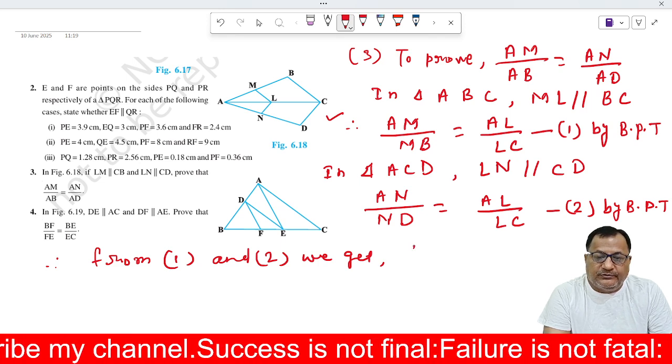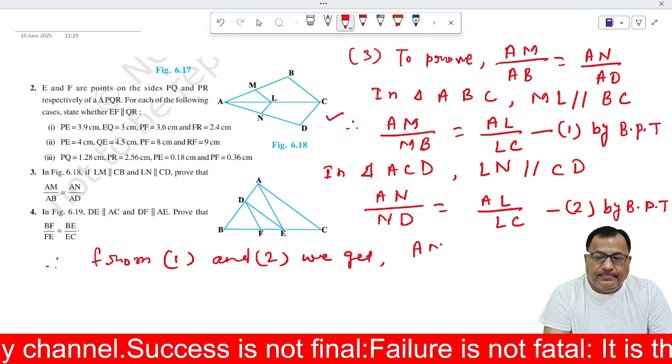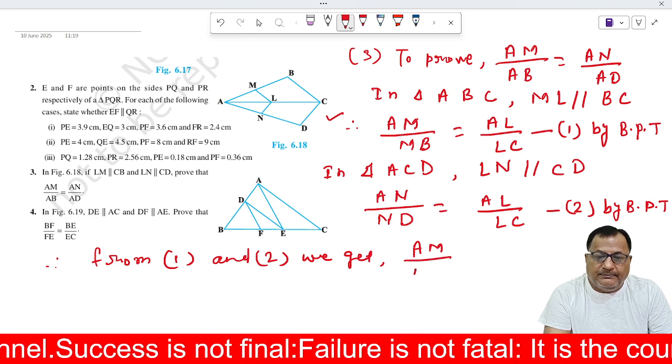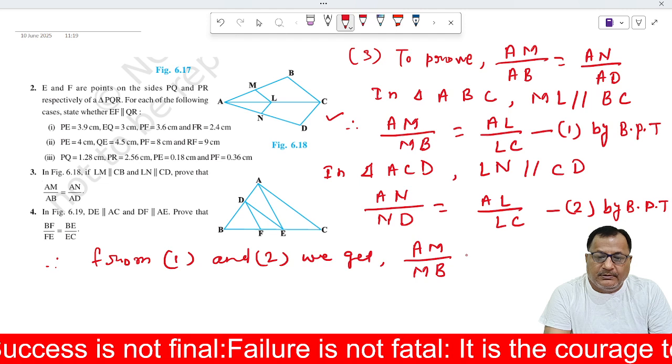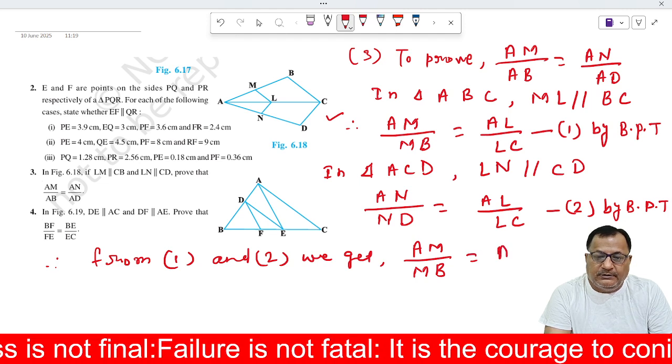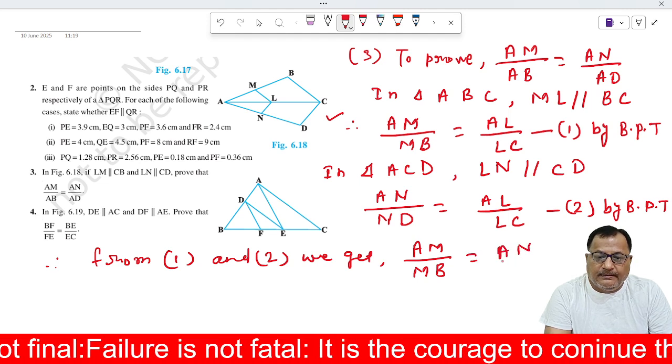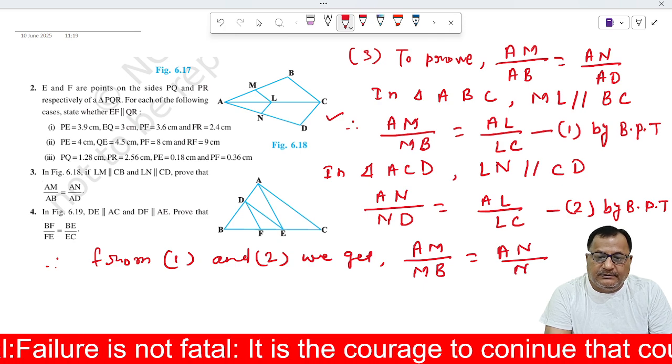So this will be AM by MB is equal to AN by ND.